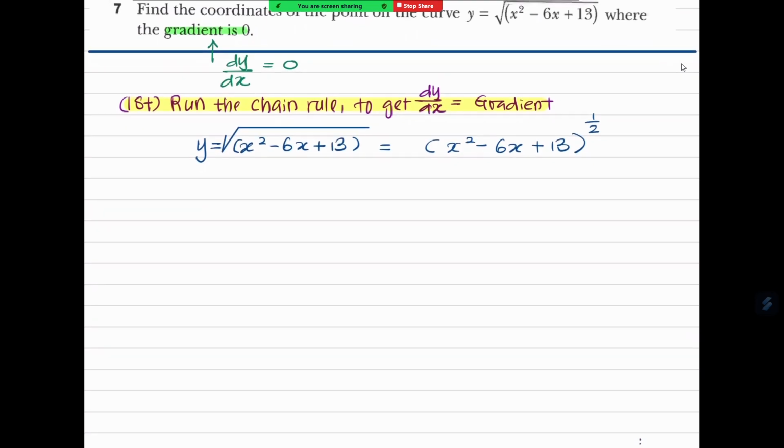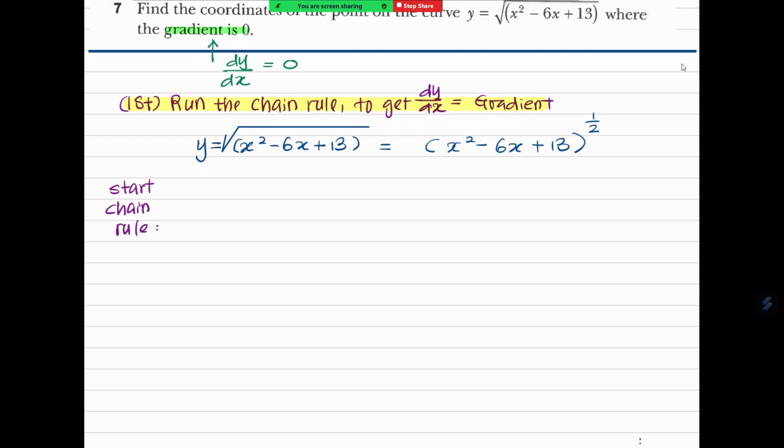All right, so now let's run the chain rule. Let us recall the procedure to run the chain rule. The chain rule tells us that we are going to differentiate the outside, which is the function that takes in the first input from the purple.